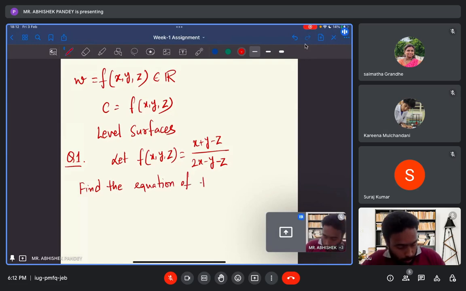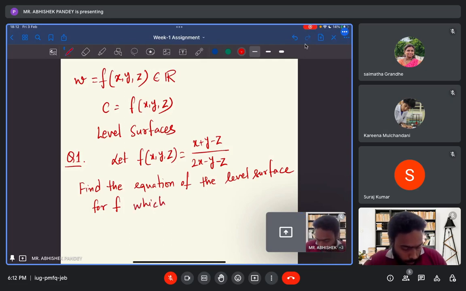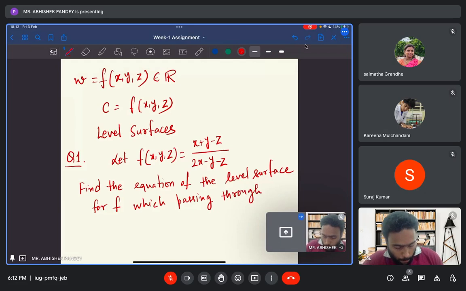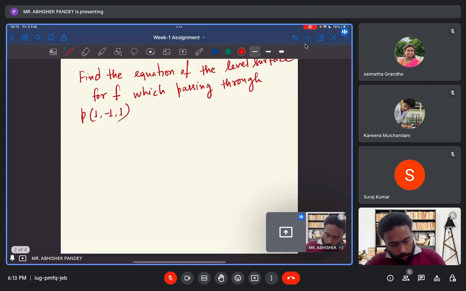Find the equation of the level surface for f which passes through the point P, 1 comma minus 1 comma 1. Okay, so this is our first question.